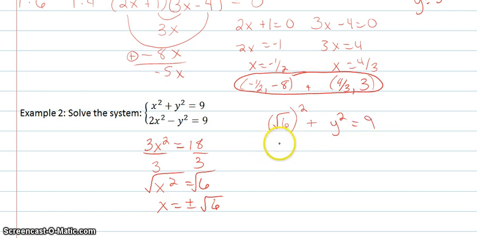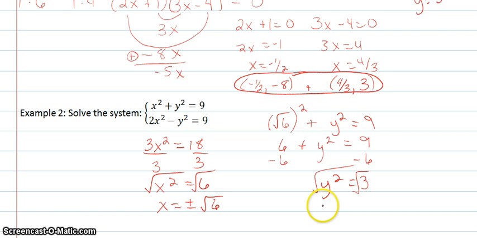And then I'll have 6 plus y squared equals 9. Subtract my 6, so y squared equals 3. And then I'll take the square root of both sides. So my y equals plus or minus the square root of 3.